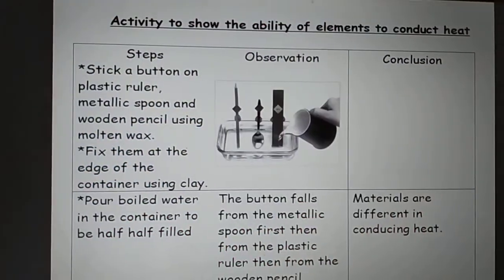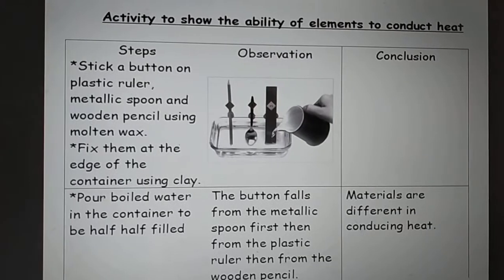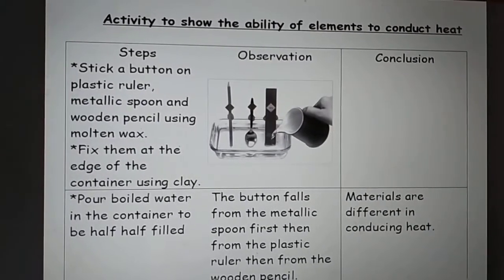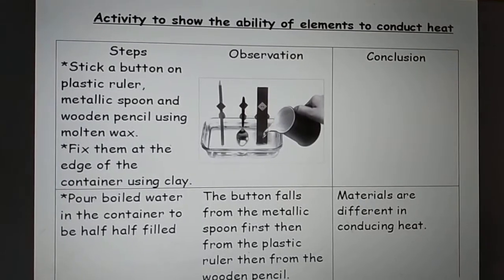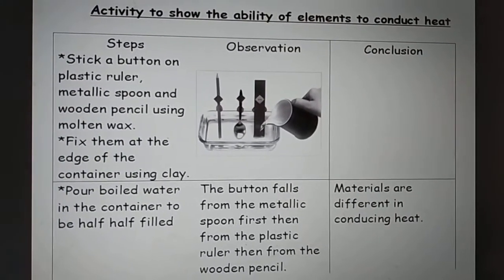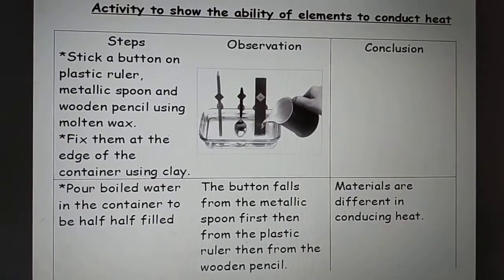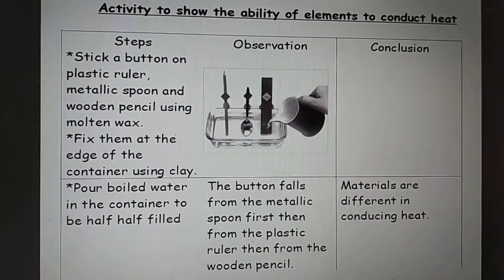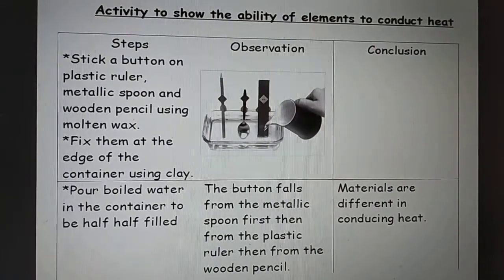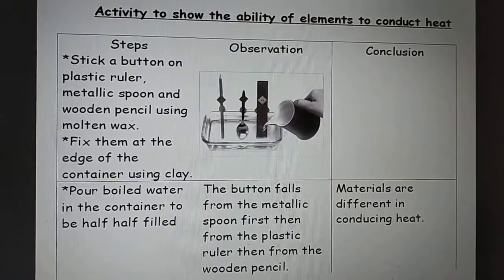Now, we can make an experiment to show the ability of materials to conduct heat. We need a glass container and fix inside it a metallic spoon, a wooden pencil, and a plastic ruler. Then stick a button on each one of them using molten wax.